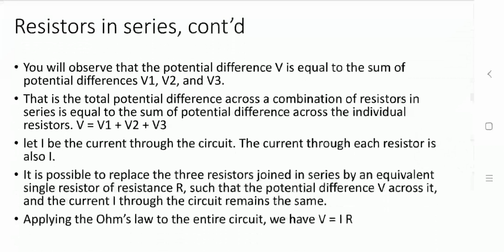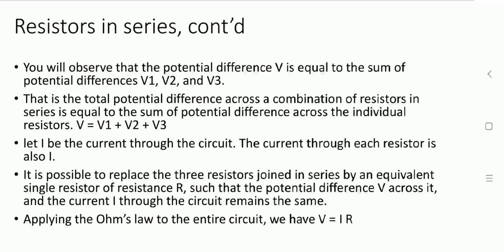So it defines that the total potential difference across the combination of resistors in series is equal to the sum of the potential differences across individual resistors. V equals V1 plus V2 plus V3. And as we discussed, the current flowing through the circuit is the same because there is only a single path, only a single loop through which current is able to flow.